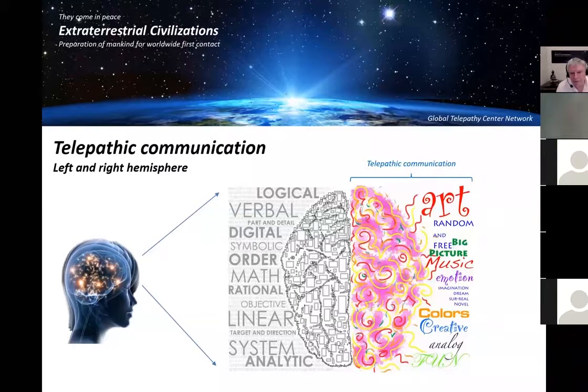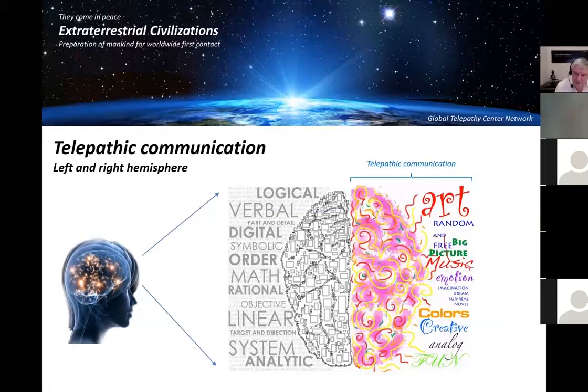And it's very important to understand that the right hemisphere is the most important part when it comes to receiving and sending telepathic information. That is the area where we are creative, where we have our intuition, where we perceive emotions, for example, whereas on the other side, we have the analytical part where the mind is very strong.